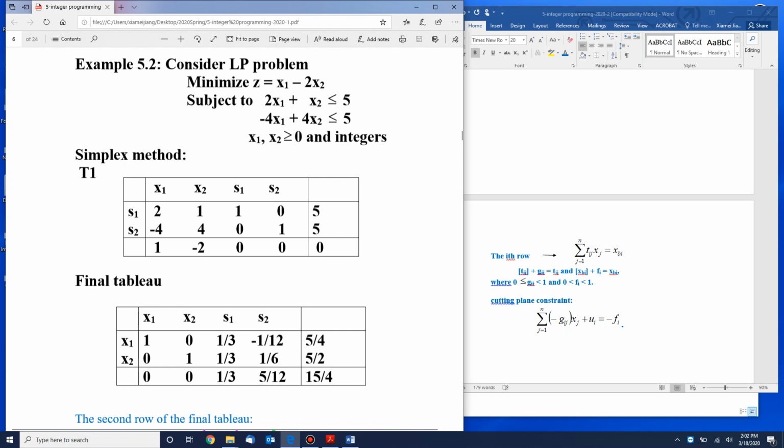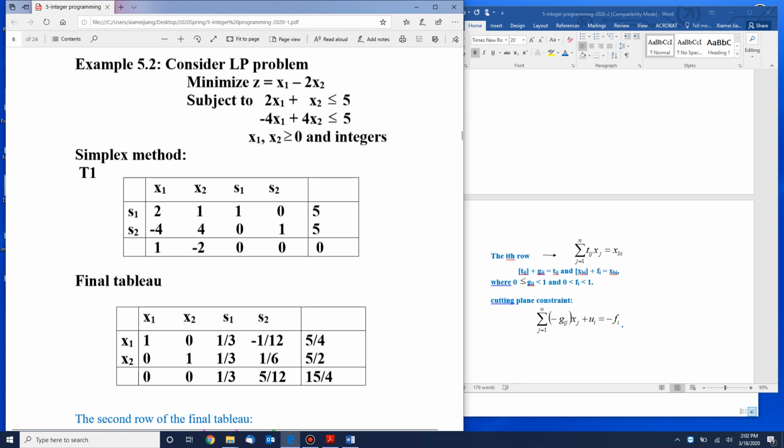So z equals negative 15/4 at x1 equals 5/4 and x2 equals 5/2. You can see that the fractional part of x1 is 1/4, and the fractional part of x2 is 1/2.